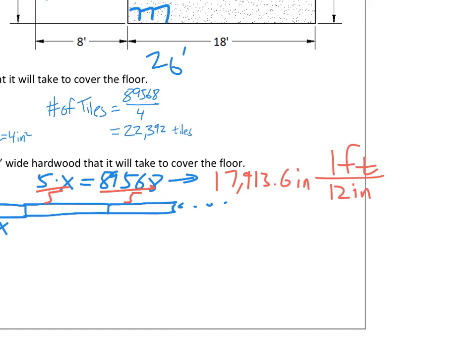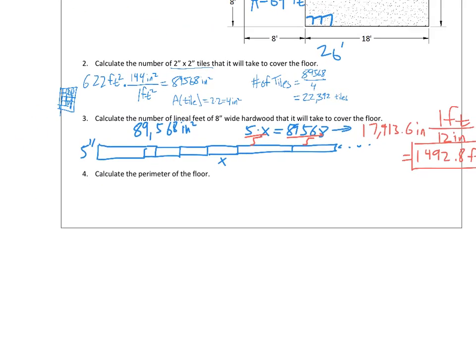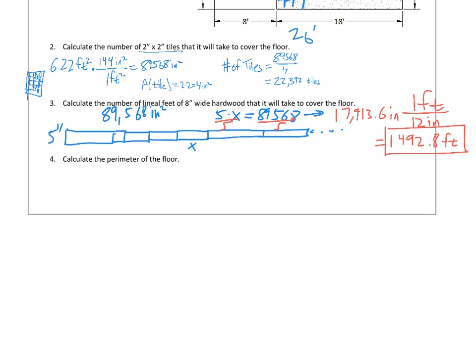And that's going to give us 1,492.8 feet. All right. Now these are not square feet. That's why we divided by 12, not 144. Okay. So, good. Keep track of your units there.